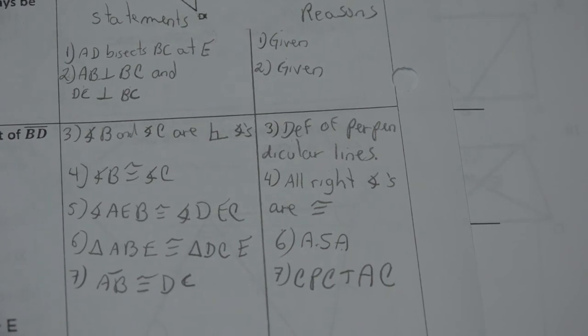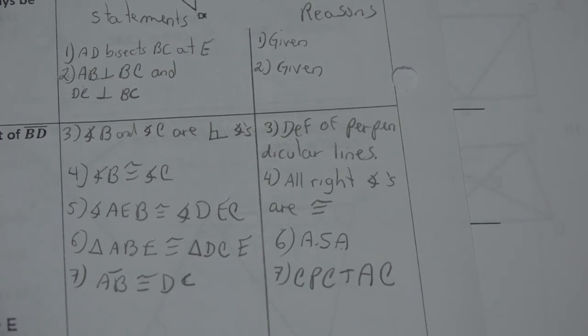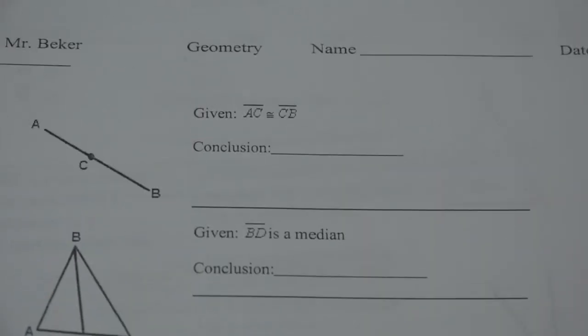All right, that's it. So let's move on to the next page. Yeah, I know this is not over yet. Don't worry, if you need help, I'm here to explain again.